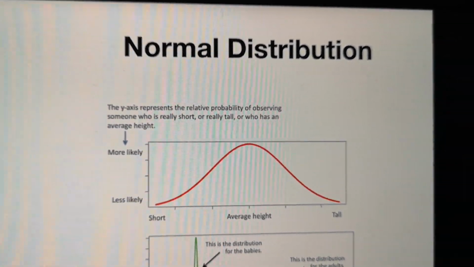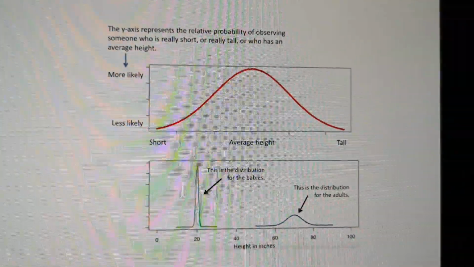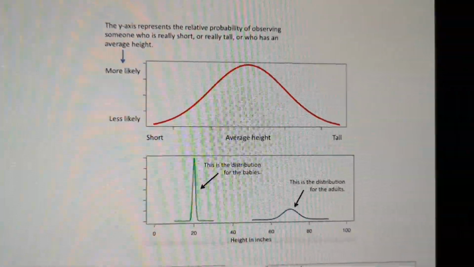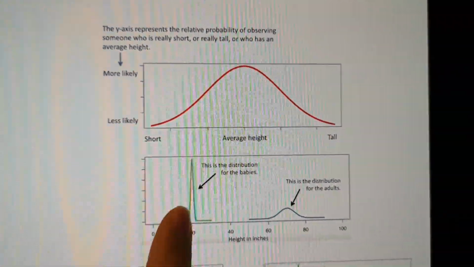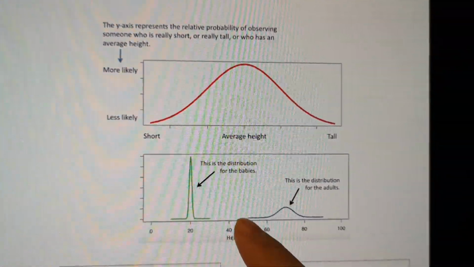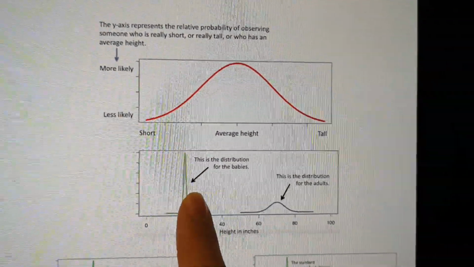So it's about probability. And this curve can have different attributes. Some may be very sharp and tall like this one. Some may be flat.